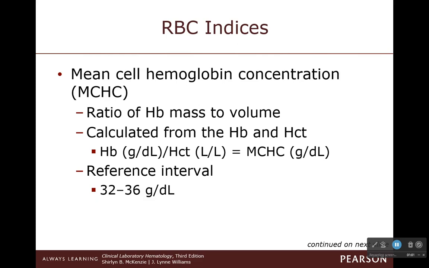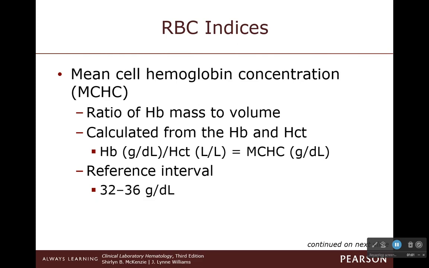Alright? So how do I know a cell's hypochromic? So, if my cell's supposed to look like that, with a little central pallor, right? If I get this, and only this part's pink, then I have hypochromia.